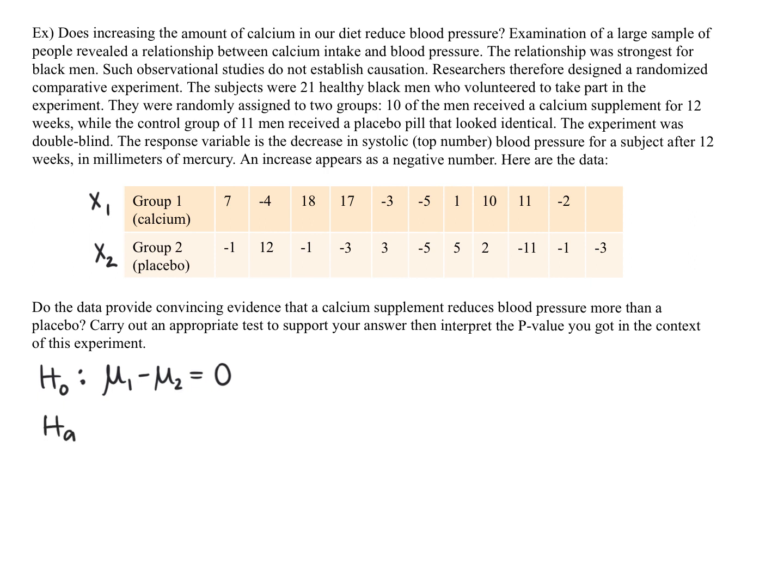For the alternative hypothesis, we want to know, does taking calcium reduce blood pressure? Which means we would have that mu1 minus mu2 is greater than 0. Because as they stated, an increase appears as a negative number. So a decrease would be positive. So their difference would be greater than 0.